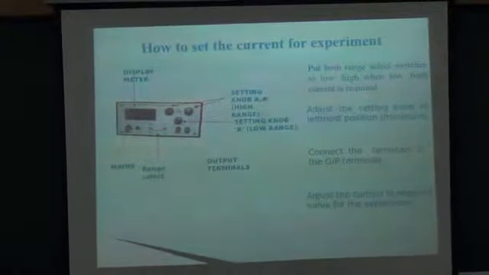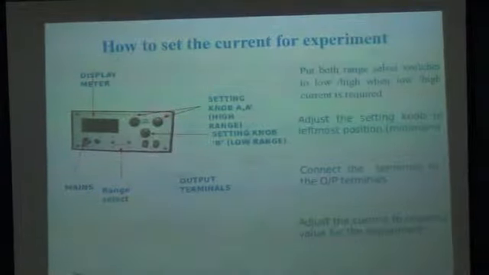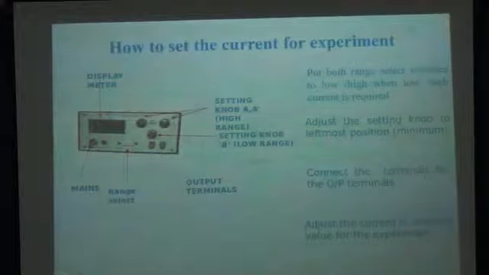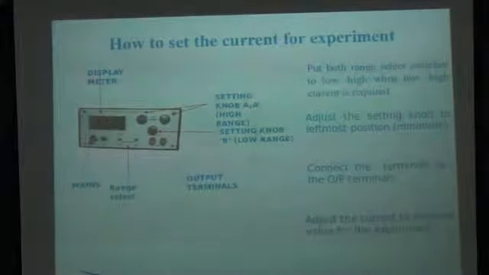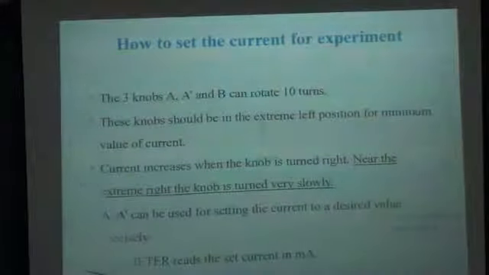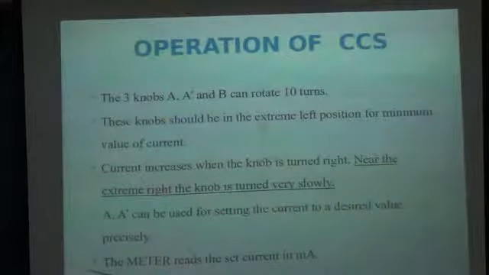Then depending upon the requirement, you have to play with the knob A, A dash or B. A and A dash knobs are for high current adjustment and B is for low current adjustment. You have to connect the terminal to the output and you can adjust the current to the required value. The 3 knobs A, A dash and B can rotate 10 turns.